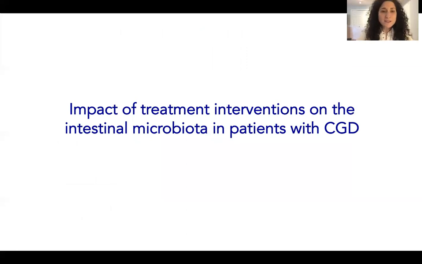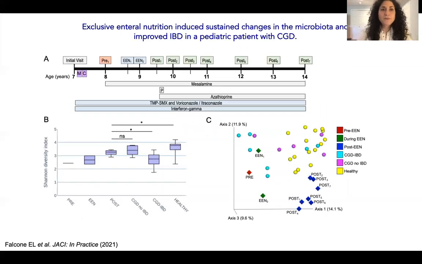So our next objective was to look at the impact of certain treatment interventions on the intestinal microbiota in patients with CGD. One of these interventions, now this was done in one patient, so it's a case report, but it's very interesting. We had a pediatric patient with CGD-IBD who we treated with an elemental diet, or exclusive enteral nutrition.